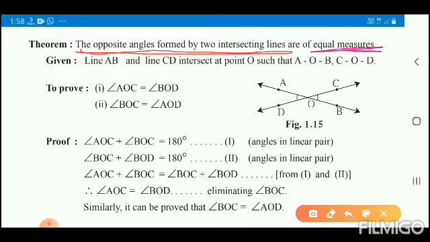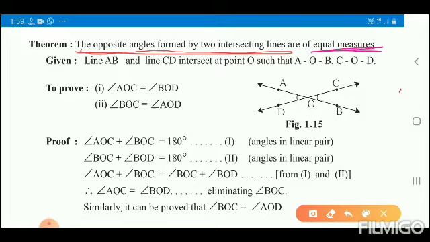Line AB and line CD intersect each other at point O, such that A-O-B, meaning O is in between A and B, and C-O-D, meaning O is in between C and D. From that we will write the given part: line AB and line CD intersect at point O such that A-O-B and C-O-D.